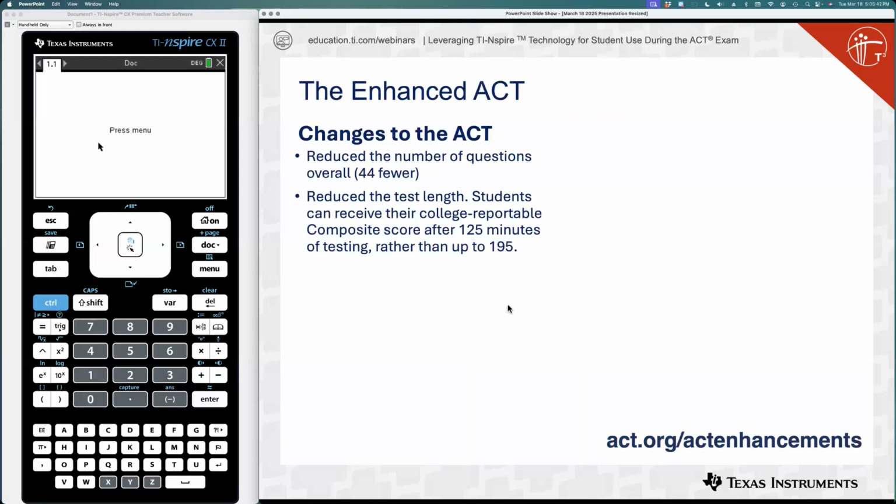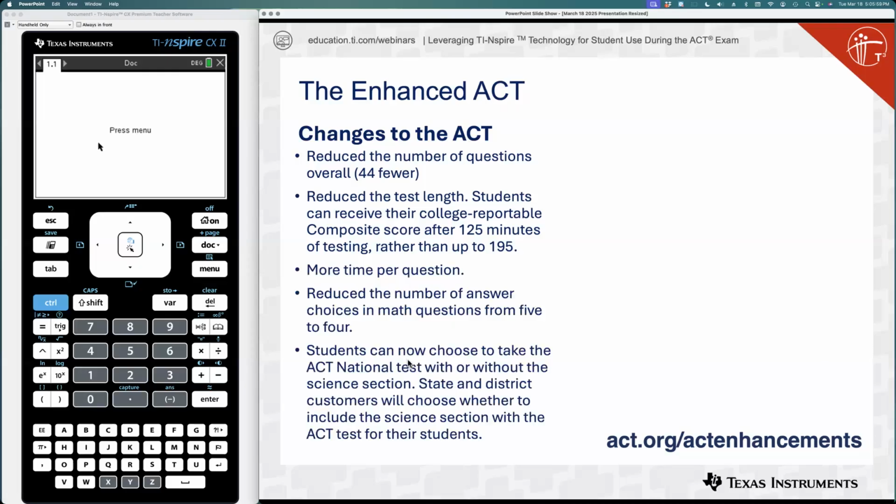This is reducing the test length, and it is also reducing the time length. This will also increase more time per question, the way they have it set up. And in math, that's important for us, the number of choices are going from 5 to 4. And the other thing that is very different is that there will be an option to take the science part as opposed to being required to take the science part.